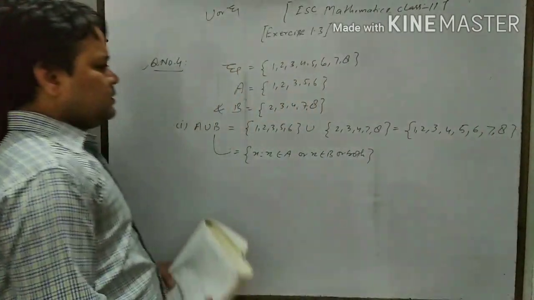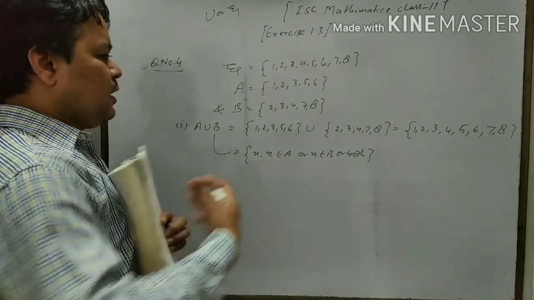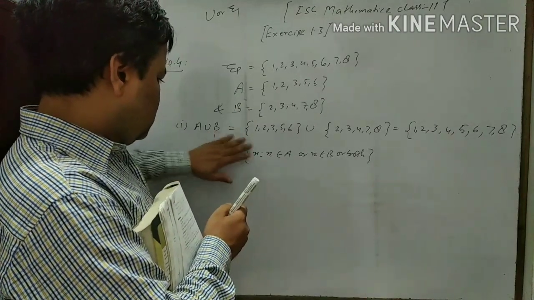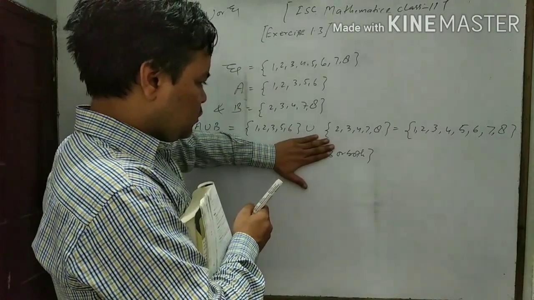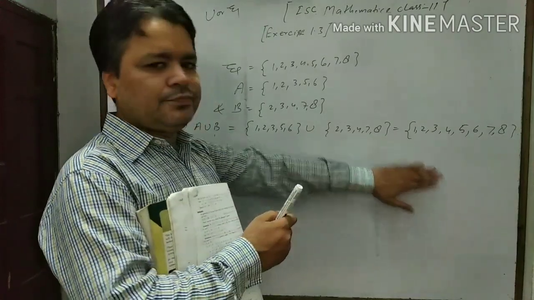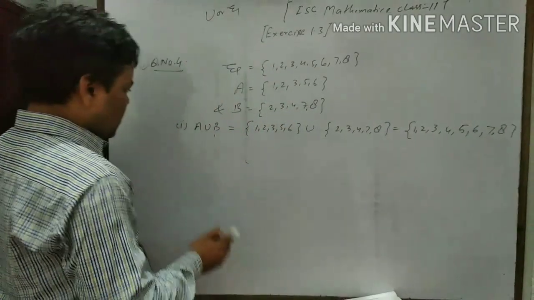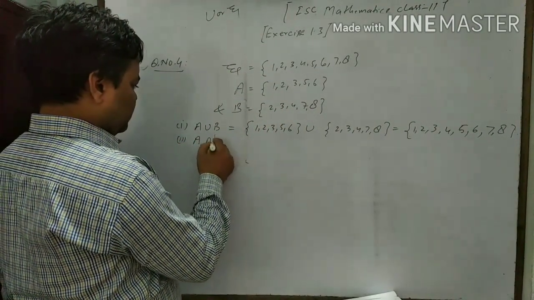This is the answer of A union B, and we solved it with the help of this formula: X such that X belongs to A or X belongs to B or both.